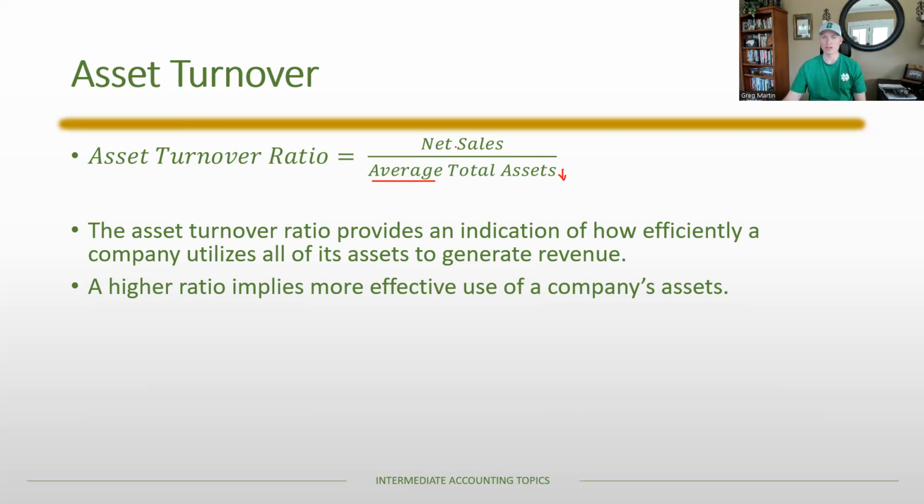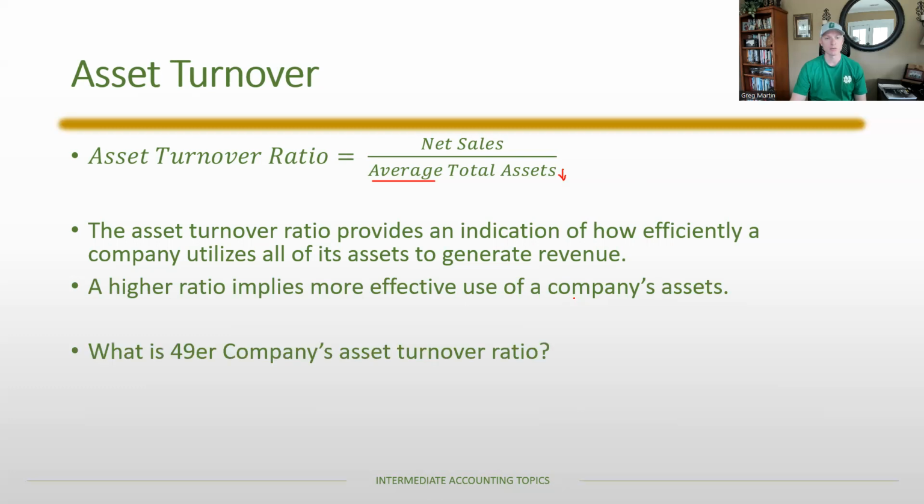But if I can generate the same sales with fewer assets doing it, that's a good thing. A higher ratio implies more effective use of company assets, and I cannot think of a situation where that would not be true. So higher asset turnover is more efficient and a better situation for the company.